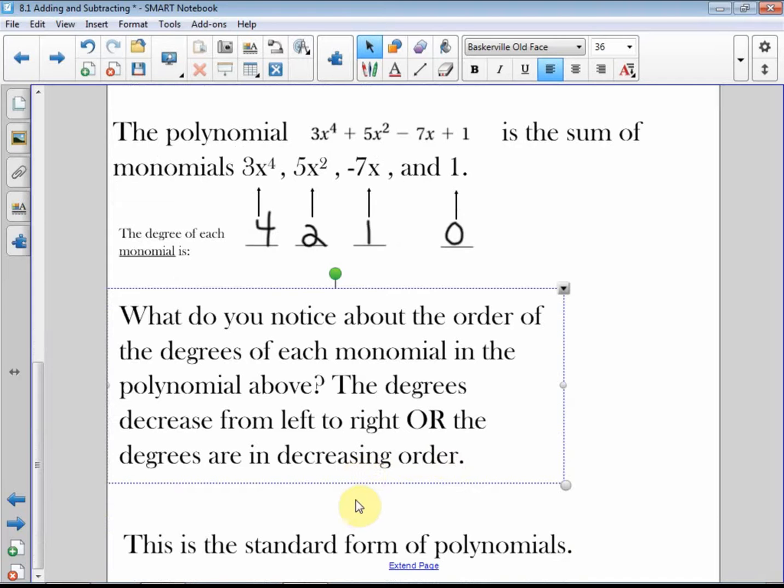If you look at the bottom, it says that this is the standard form of polynomials. So whenever you see a polynomial that is in standard form, the degrees will be in descending order. So x to the fourth, if that is your highest degree monomial within that polynomial, that will be farthest to the left. If you have any constants, they will always be to the right.